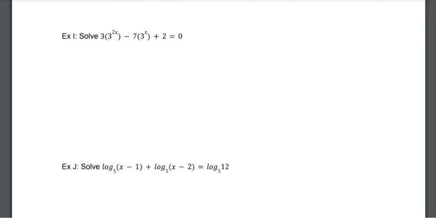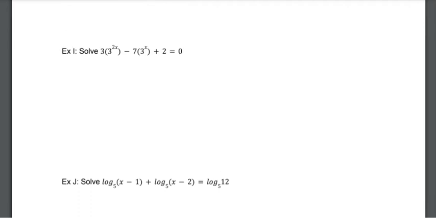So for this one, again, we're doing exponents, and we're going to have to use exponent rules. This 3 to the 2x is telling us that we've actually got a secret quadratic going on. This is 3 times 3 to the x squared minus 7 times 3 to the x plus 2 equals 0.